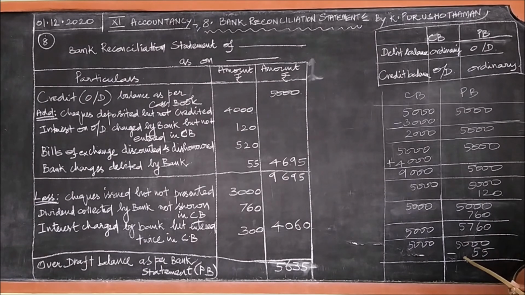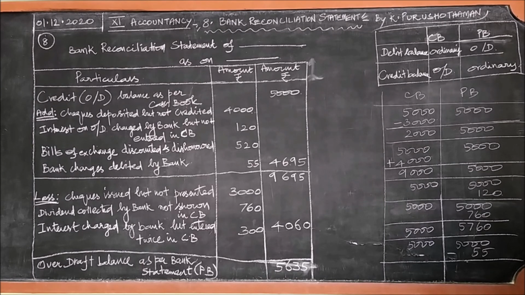This is bank charges. What do you mean by bank charges? I explained to you in other classes also. Bank, as per the banking rules, is supposed to act as an agent for the customers. In practice it is mostly not at all.